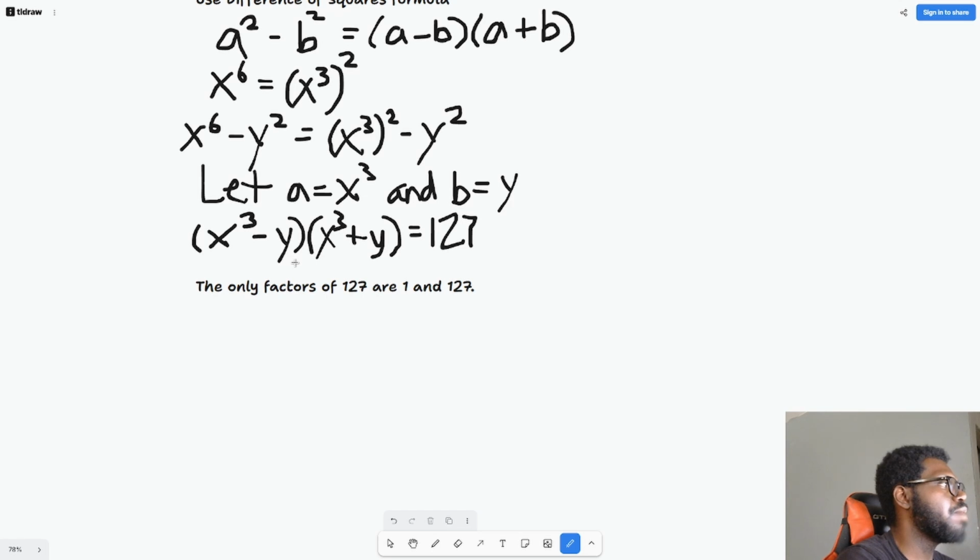All right, so now you might be thinking, well, how do we know whether x cubed minus y is equal to 1 or 127, and then the same for x cubed plus y?